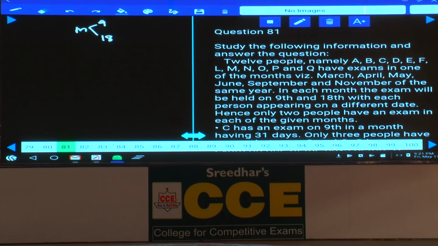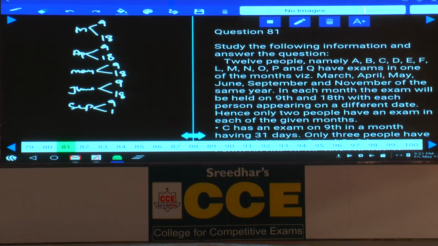After March, April: April 9 and April 18. Next one May: May 9th and May 18th. Next one June: June 9 and June 18. Next one September 9 and September 18.